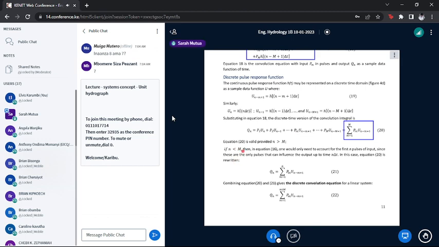So for n less than M, the Qn is basically the convolution equation.